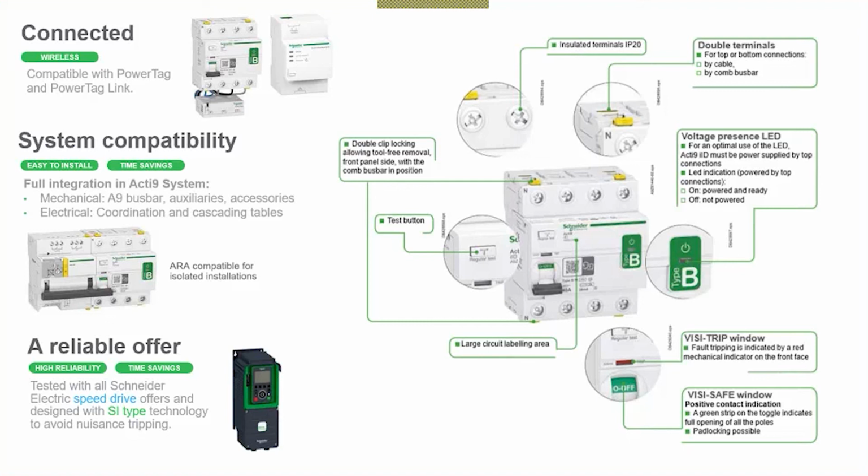They have all the common features you would expect of Acti9 products, things like a Visi trip window, the Visi safe. These new Type B RCDs have voltage presence LEDs. We have our insulated terminals and shielded terminals, and a large clear labelling on the front of the products.